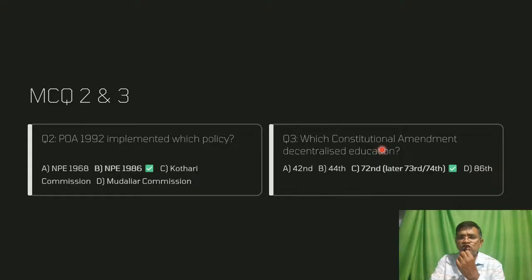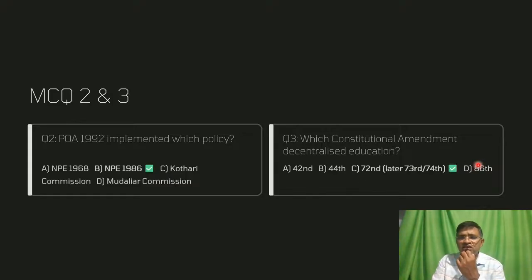Which constitutional amendment decentralized education? Previously there was centralized education. It was decentralized due to the Program of Action 1992. Is it the 42nd amendment, 44th amendment, 73rd and 74th, or the 86th amendment?